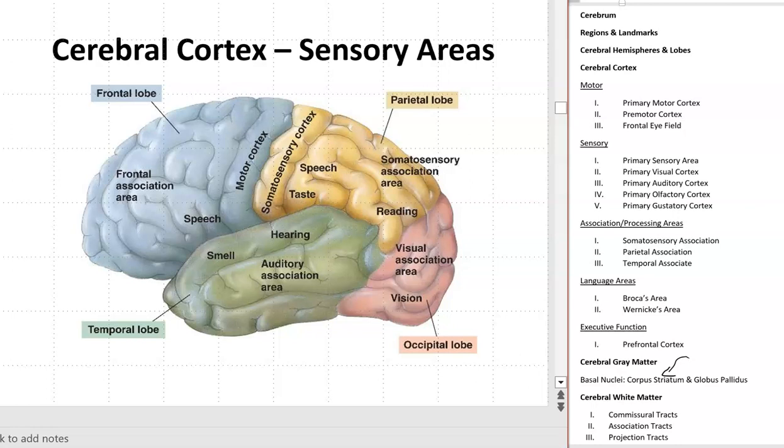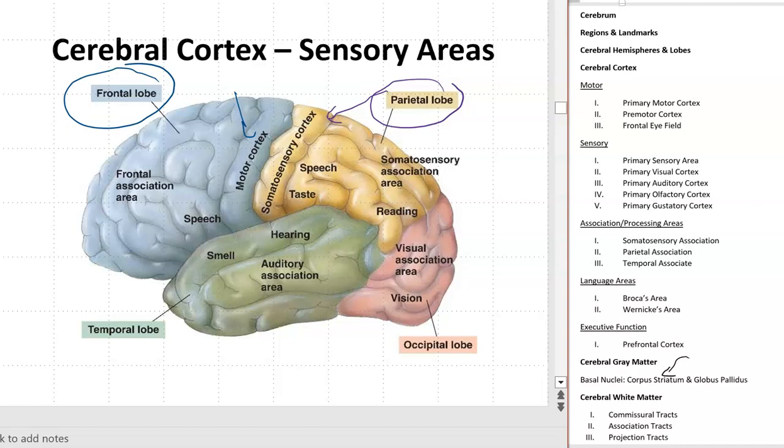Now, these other areas here, so this is a nice overview of the brain. You can see, again, to review, frontal lobe, we're looking at a lot of motor stuff. Okay. When we're looking at the sensory areas, the parietal lobe is going to have all of our information for touch. Now, the other things we have are vision, auditory, olfaction, and gustatory. Now, we're going to examine these senses in our last chapter of the semester, but you need to understand which area of the brain functions.